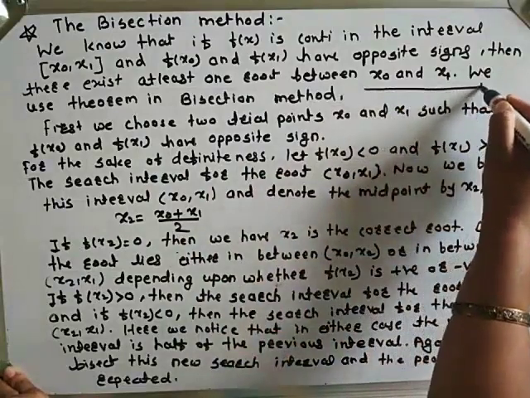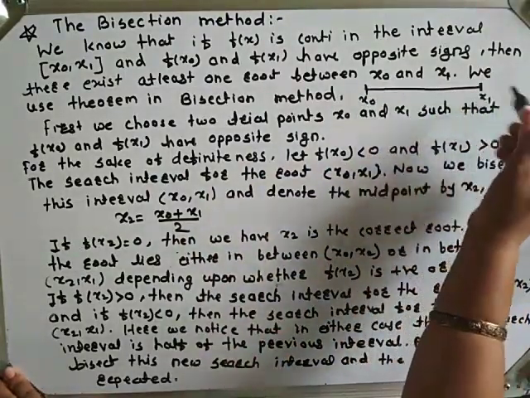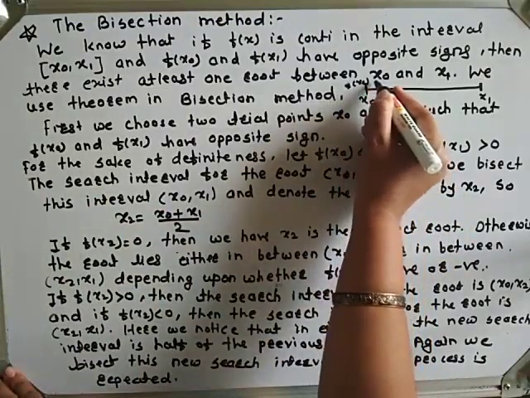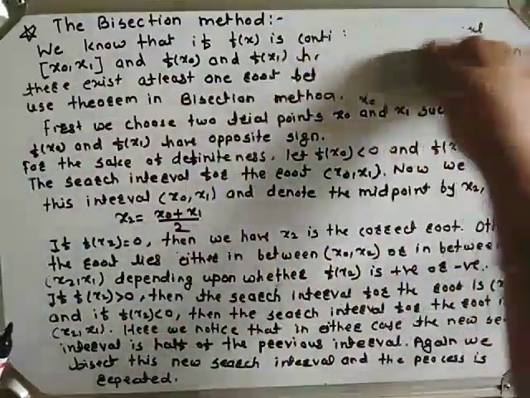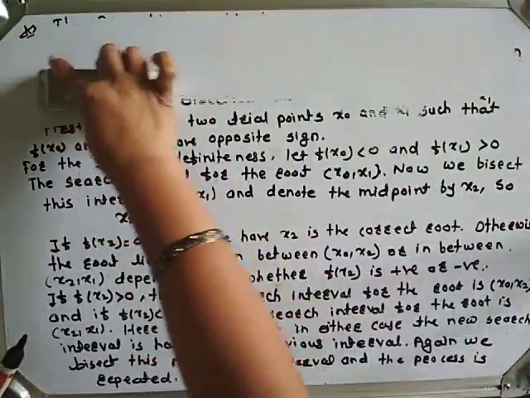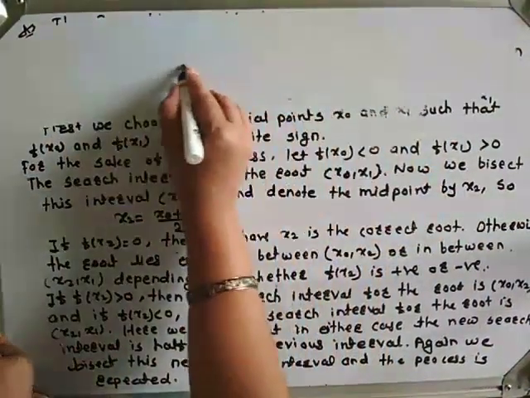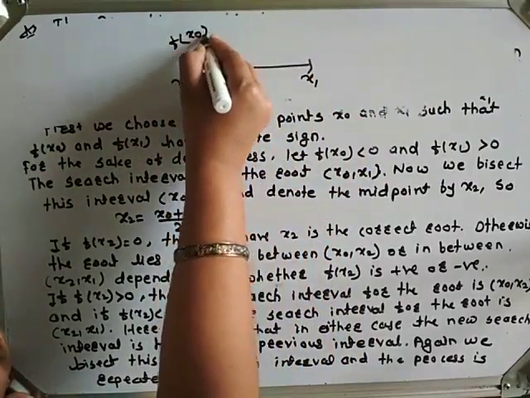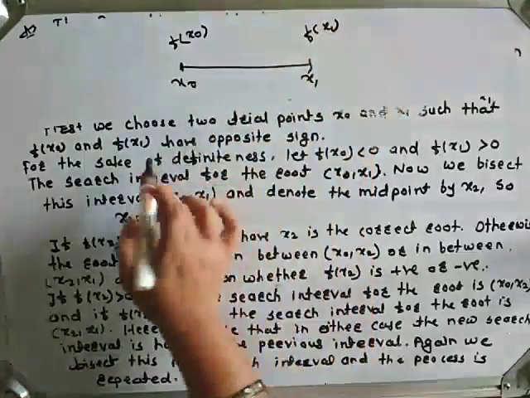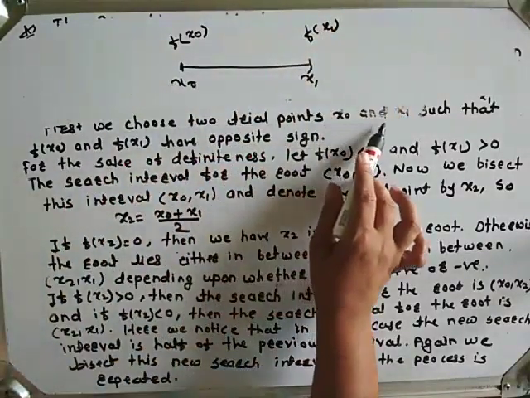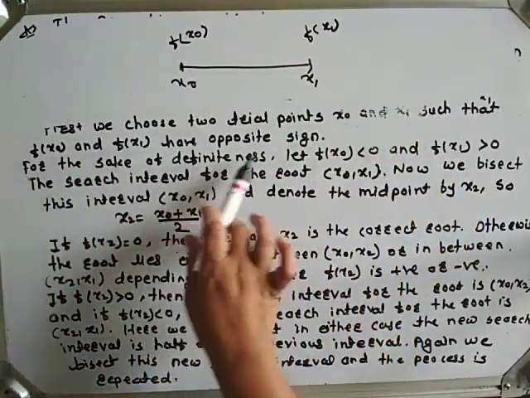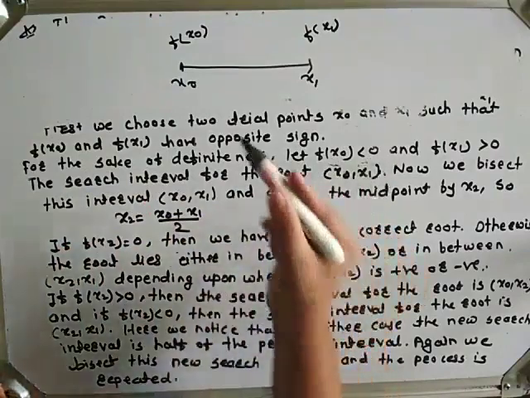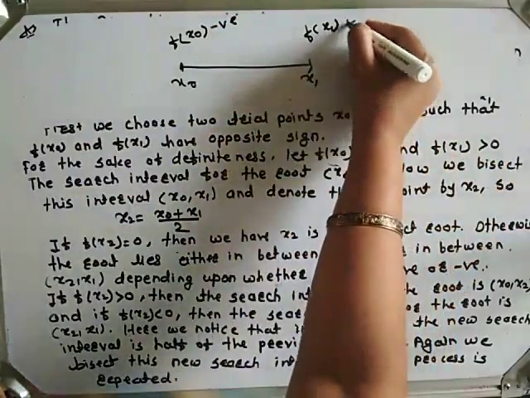Suppose here I have considered this interval x0, x1, with f of x0 at point x0 and f of x1 at x1. For the sake of definiteness, we consider f of x0 strictly less than 0, that is, negative, and f of x1 positive.